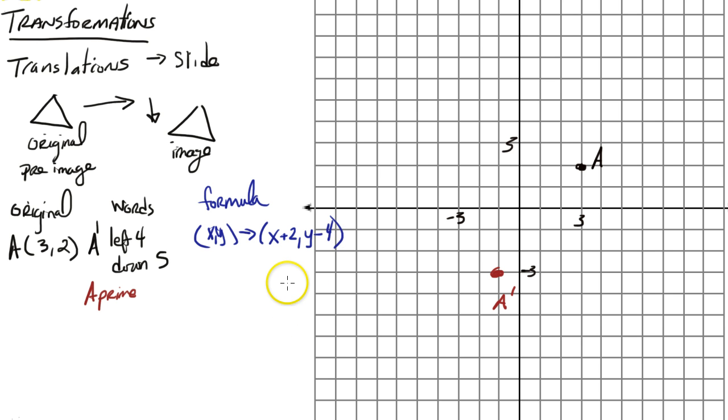Plus 2 is sideways 2, and minus 4 is down 4. In this one, let's call this A double prime, two little tick marks. I go back to my original and go over 2: 1, 2. Down 4: 1, 2, 3, 4. And that's going to be A double prime.